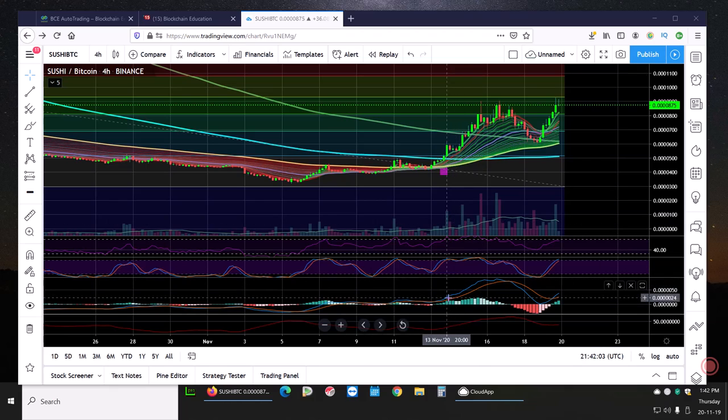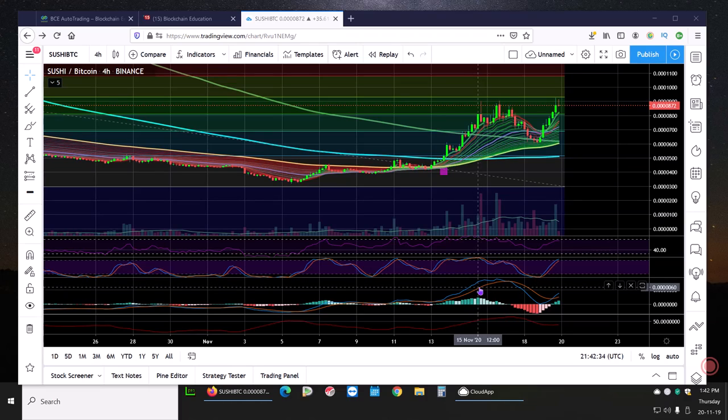But anyway, I just use the blue line and the orange line. The signal line, which is the orange line, is calculated by an EMA of 9 periods of the MACD line. So again, the MACD line is made by an EMA of 12 minus 26, and the signal line is made of an EMA of 9 periods of the MACD line.